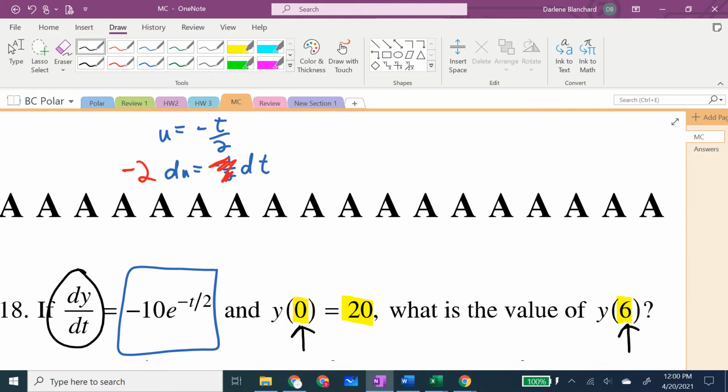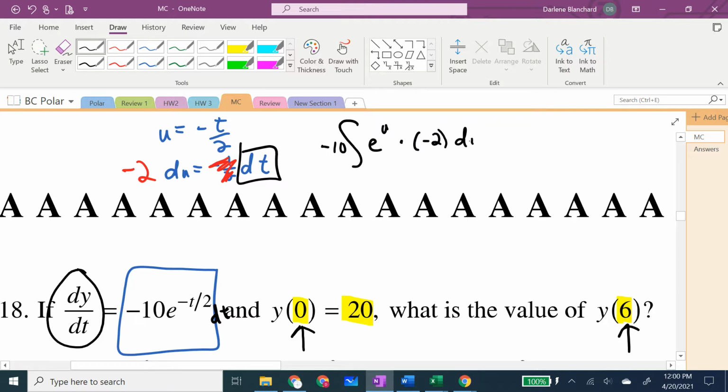And now my integral of negative 10 e to the u, and then the dt changes to negative 2 du, because I am integrating this function times dt.